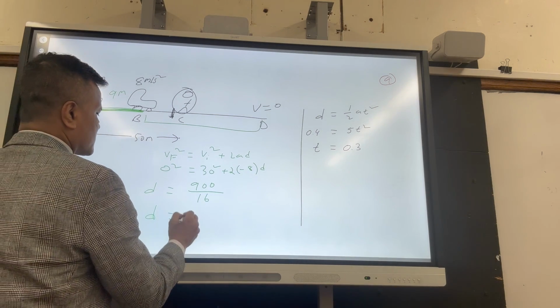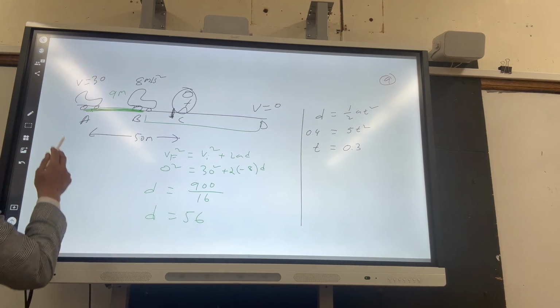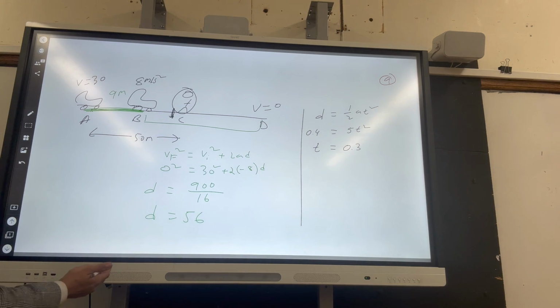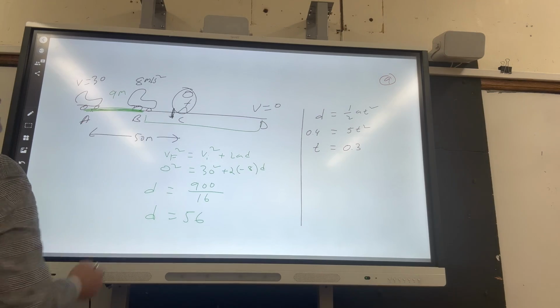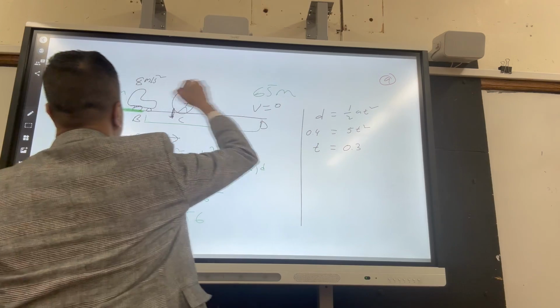So d is 56. 56 plus 9 is 65. So no, you did not stop the car. From A to C is 50, but you stop the car at D, which is 65 meters from A.